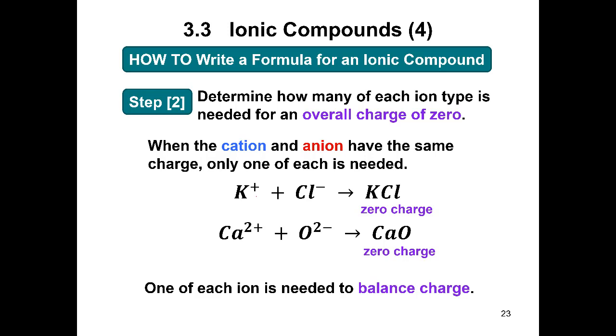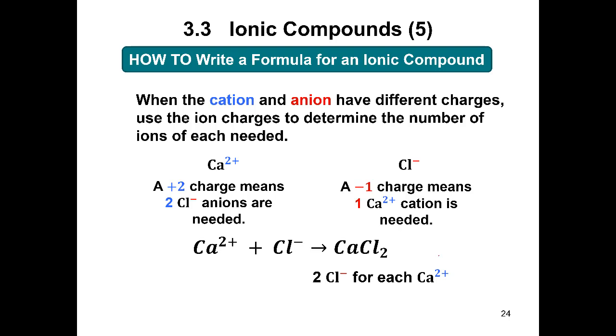If I have a +1 and a -1, that's easy because they already equal 0. If I have a +2 and a -2, that's also easy. They're going to be in a 1-to-1 ratio because they will equal 0. But if they have a different charge, so that the calcium is a +2 and the chloride is a -1, I know I'm going to have 2 of these because they have to equal 0.